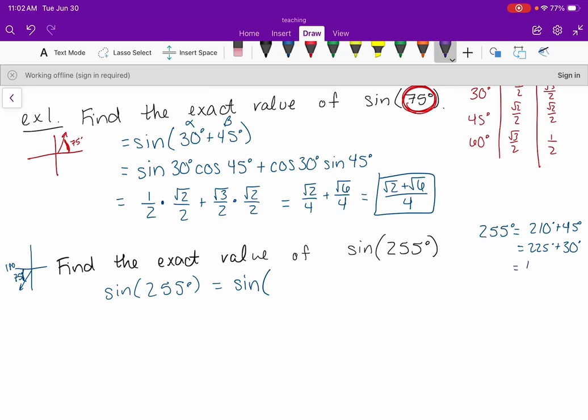They might say, okay, I'm going to do 180 and 75. Well, the issue is you don't know 75, so that's not a good one. Or some people may say, okay, I'm going to do 195 and 60. Well, the issue is 195 doesn't have a reference of 30, 45, or 60. So again, not a good one. So you want to pick ones that have references of 30, 45, and 60. 210 has a reference of 30, and 225 has a reference of 45.